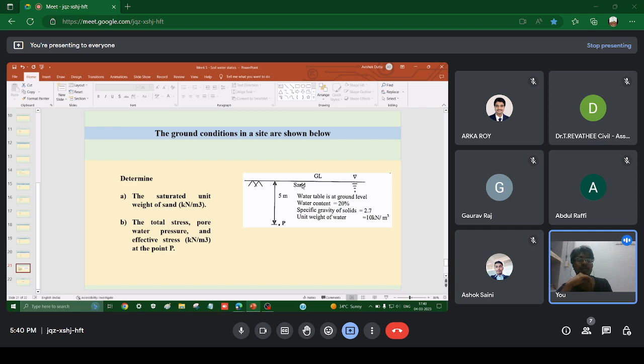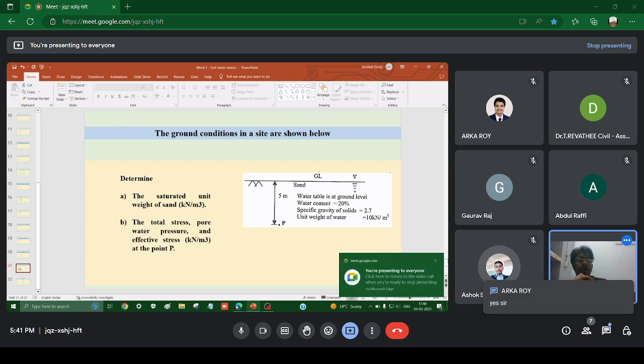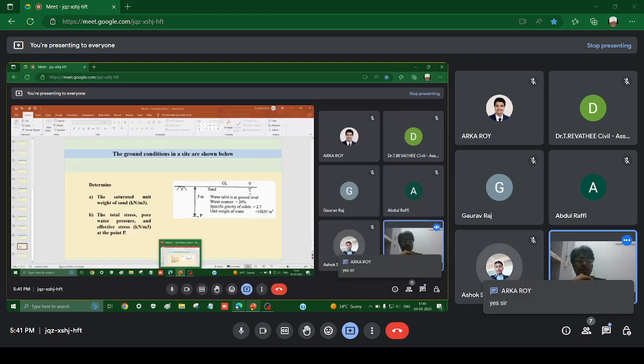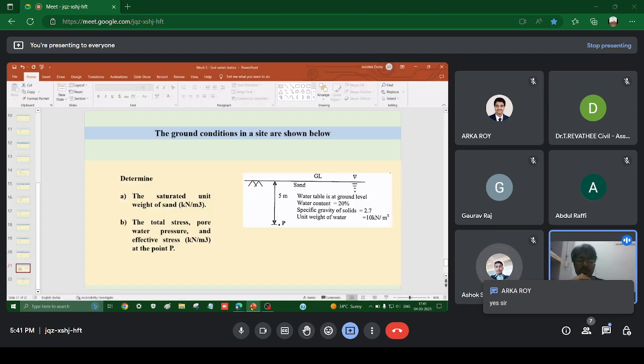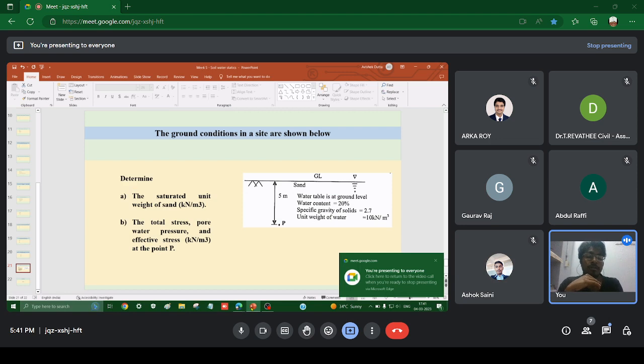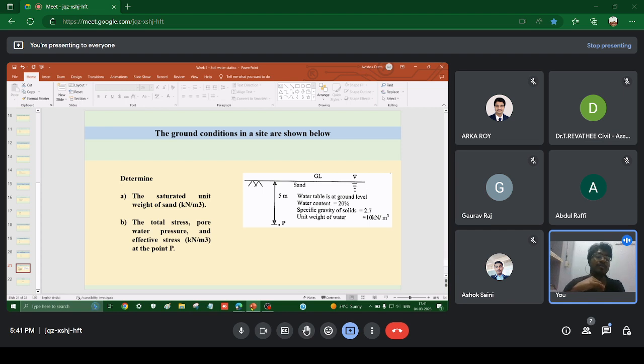This is a sand layer, 5 meter thick. At point P, you have to find out the effective stress, total stress, and pore pressure, where the water table is at the ground level. Water content is 20%. Specific gravity of soil solids is 2.7. Water unit weight is 10 kilonewton per meter cube.